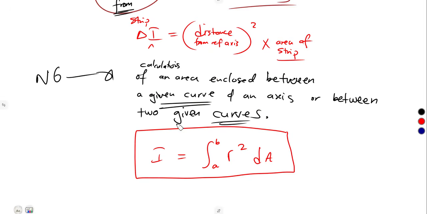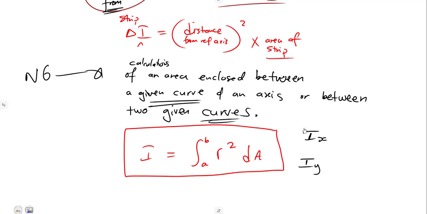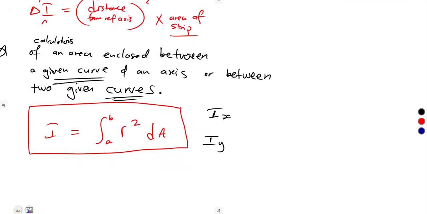So the second moment of area, when you are to consider the calculation, can be taken with respect to x. It can be taken with respect to y. So I want us to consider that from the diagram and from the calculations that can be made.